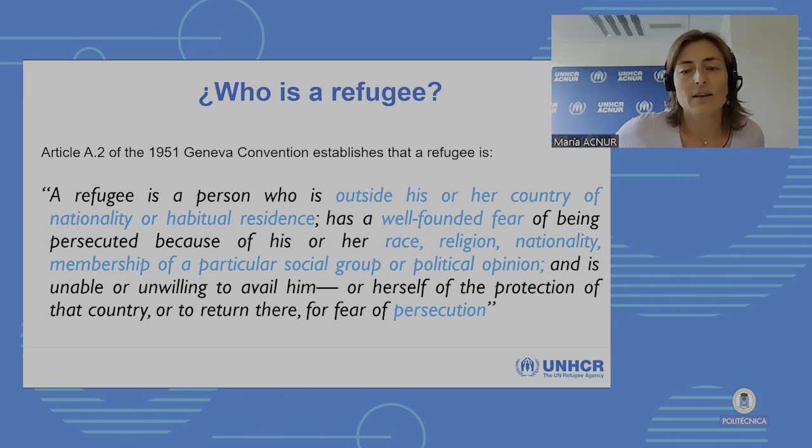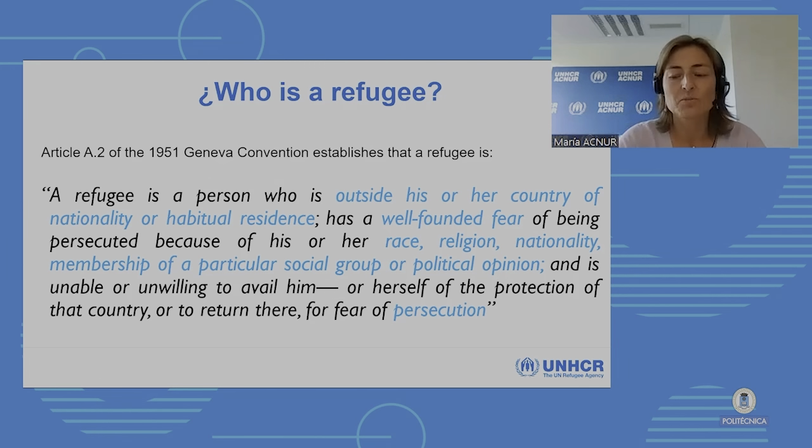As we were saying, that person has a well-founded fear of being persecuted because of his or her race, religion, nationality, membership of a particular social group or political opinion, and is unable or unwilling to avail himself or herself of the protection of that country or to return there for fear of persecution.